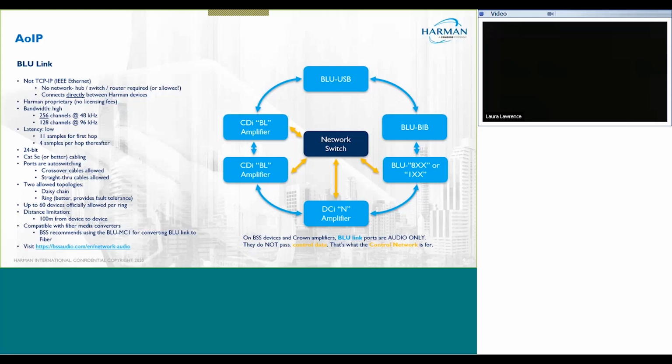So, of course, the next point is that this is a Harman proprietary technology, which means, again, there are no licensing fees that you have to pay. Harman developed it for our Harman products, and you can pass BLU Link around, whether that's VSS products from Harman, AKG microphone mixers from Harman, Crane amplifiers from Harman.